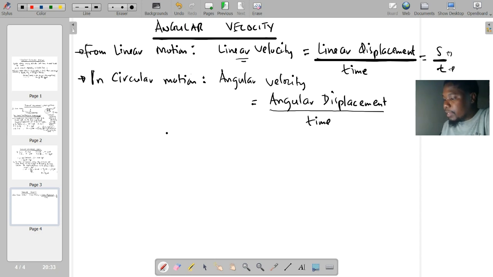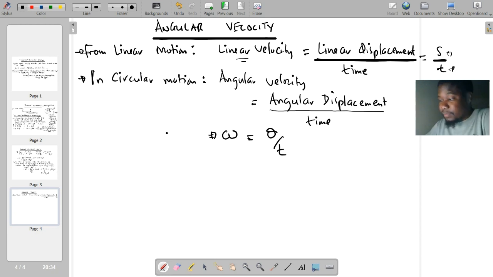The symbol for angular velocity is omega. It looks like a W, but it sort of grows inwards on both ends. Omega will be equal to theta, since angular displacement is theta, over time t.